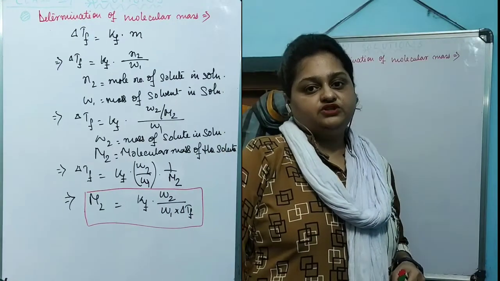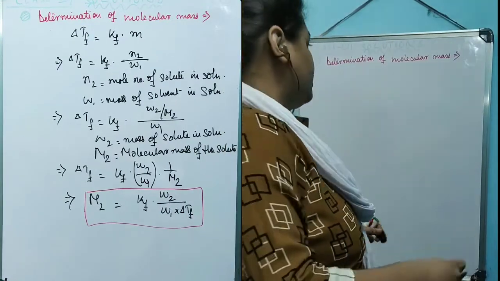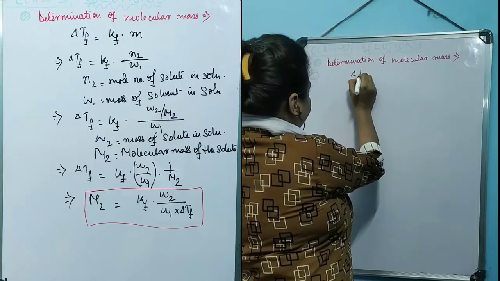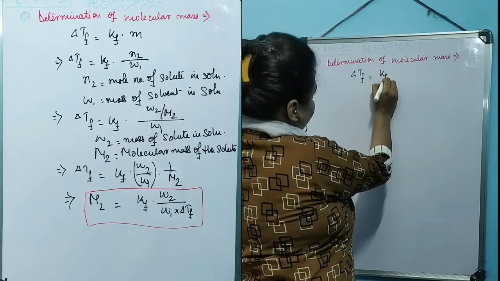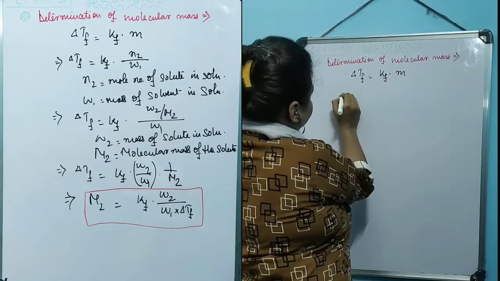The expression for depression in freezing point for the solution is delta Tf equals Kf into m.